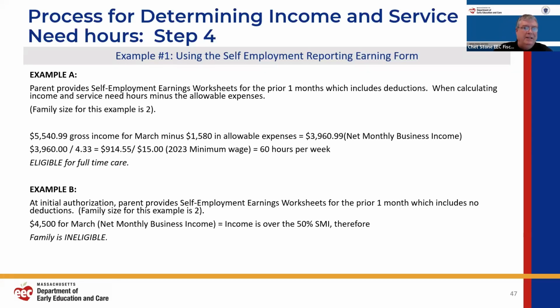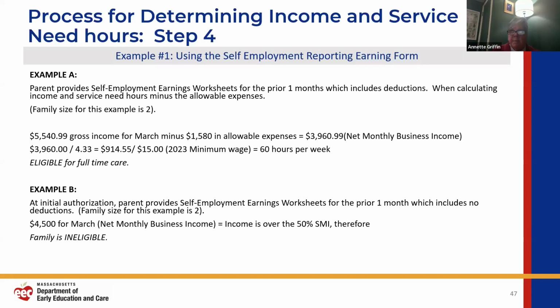I just think with fluctuating income, it's a lot in terms of the family experience. If we tell them we need either your taxes or a form showing your income and expenses within 6 months, and this is an initial enrollment, and they choose to bring in the form, and then you say, oh, well, you made too much money, you're ineligible.